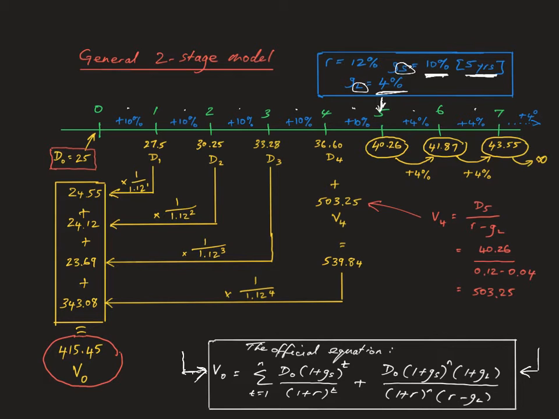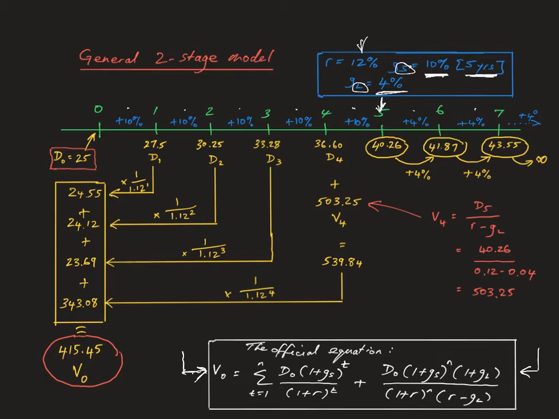The way I've dealt with this was to start with the information that we have, which of course is the required rate of return at 12%, and those growth rates I mentioned a moment ago. And then in this situation, we are given the previous year's dividend, D0, in other words, at 25.